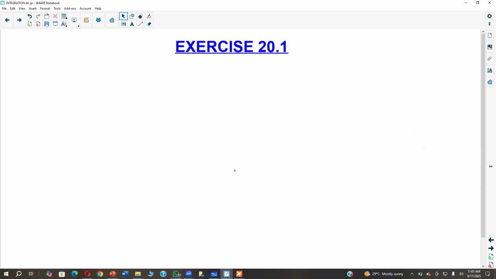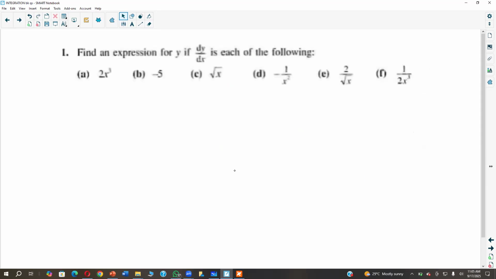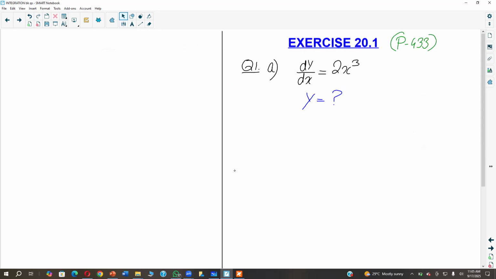Now look at this exercise, exercise 20.1. This is the first question. Find an expression for y if dy upon dx is given. Remember, when dy upon dx is given, it's a question on integration. For example, the first question: 2x cube, and you need to find y.